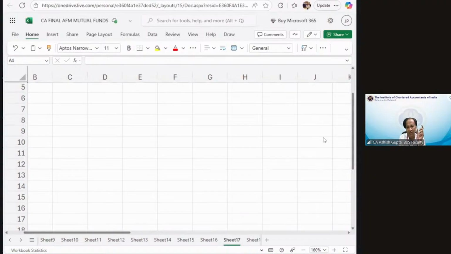In one type of question, some NAV is given in the beginning, some NAV again in the end, and some capital appreciation or dividend is given, and then you have to calculate the individual rate of return. But in other questions, which we will discuss in the forthcoming classes, we have to calculate the NAV of the fund, because NAV is ultimately dependent on the investments made in different kinds of securities.